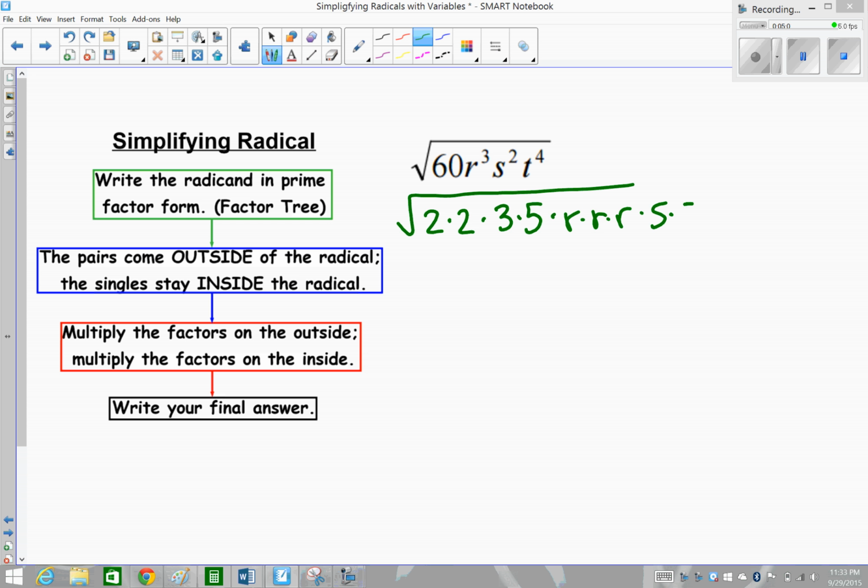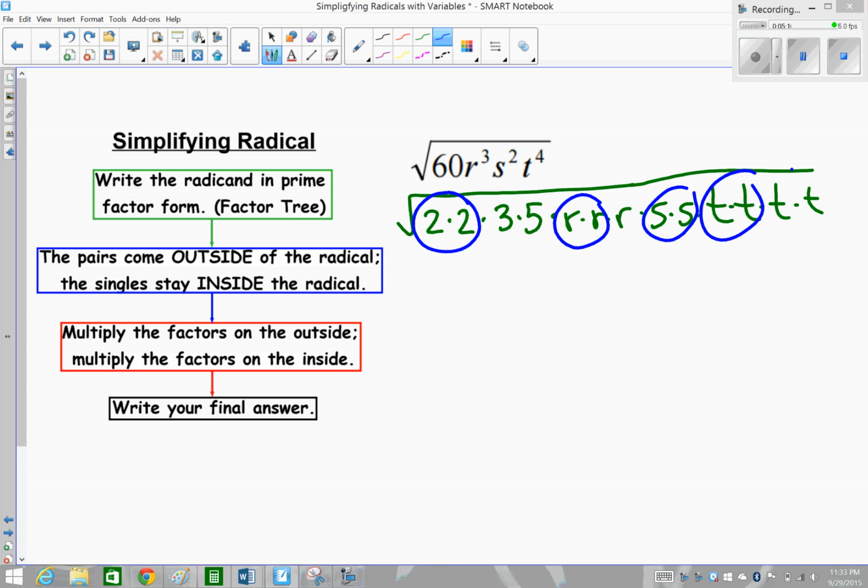S squared is 2 s's, and t to the fourth is 1, 2, 3, 4 t's. Now we look for the pairs because the pairs come outside of the radical and the singles stay in. I have a pair of 2's, a pair of r's, a pair of s's, and 2 pairs of t's. So a 2 comes out, an r comes out, an s comes out, and 2 t's will come out.